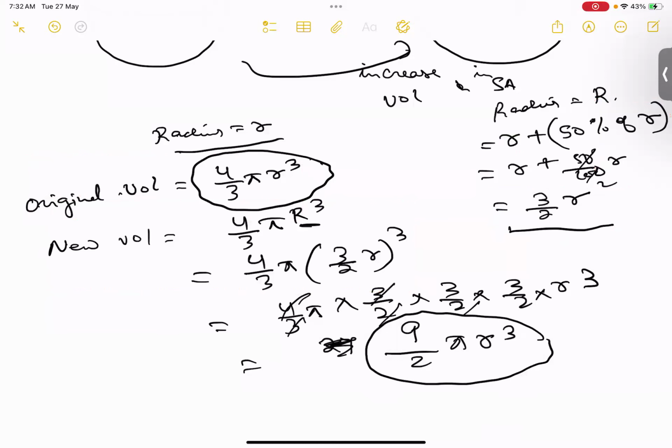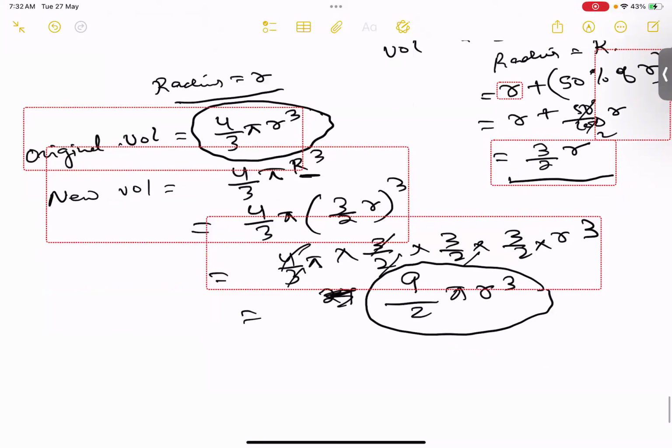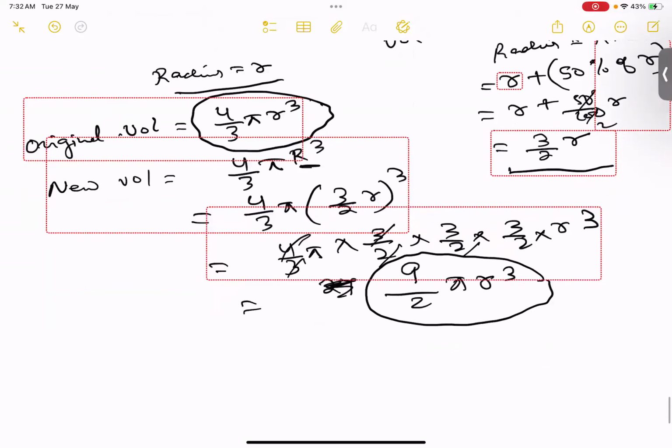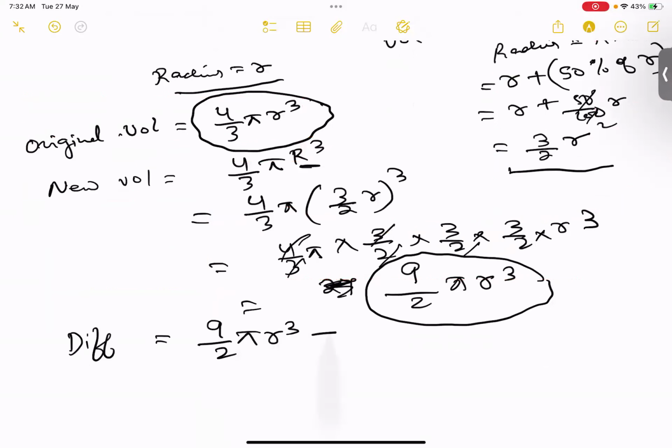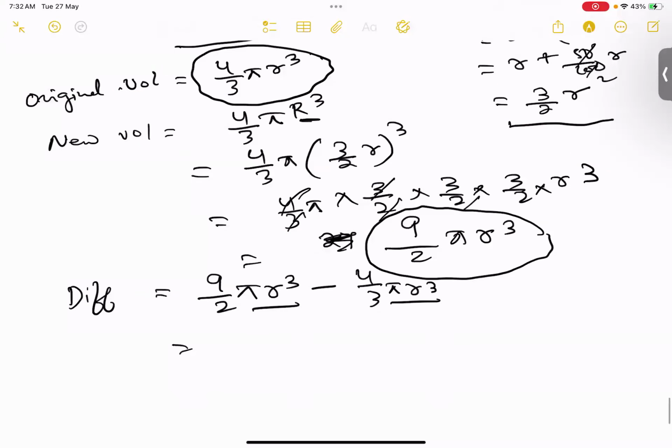Now we have to find out how much has been increased, okay? How much has been increased in the volume in terms of percentage, okay? And in order to do that, first we have to find out what is the difference between the new volume and the original volume. Difference is equal to 9 by 2 by r cube minus 4 by 3 by r cube. Here by r cube and by r cube is common, right?